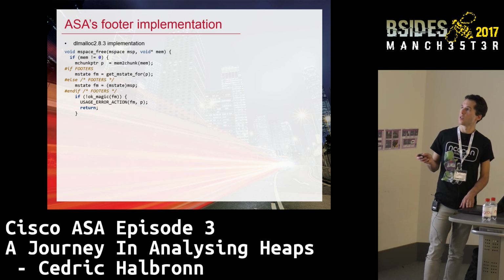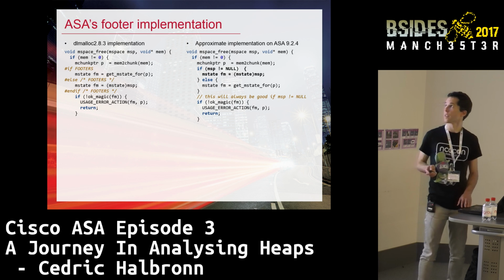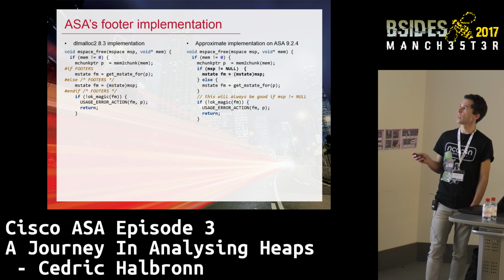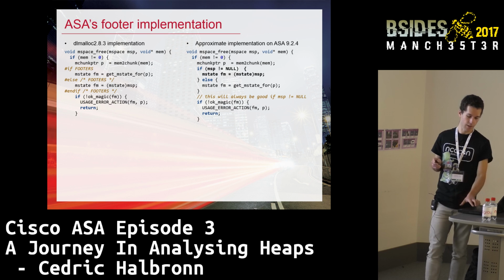If you look at dlmalloc 283, you have this mspace free function, which if footer is defined, like I said, it's gonna get the mstate and then check the magic. But if you look at Cisco implementation, what they did is they're checking if the mspace is non-null, and if they're non-null, they basically trust the mspace, and they don't try to get the mspace from the chunk itself.